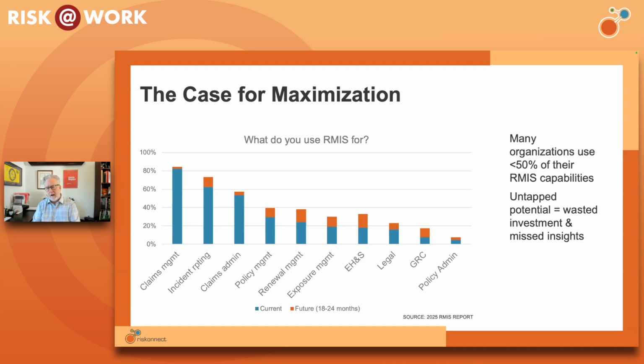And if you think about the broader way Riskonnect looks at the RMIS space, looking at EH&S and GRC capabilities, we're starting to see that usage. But the fact that beyond the claim space we're not seeing significant utilization of these other capabilities that a system brings is a really good starting point for our discussion.